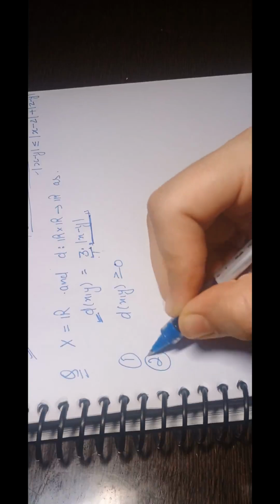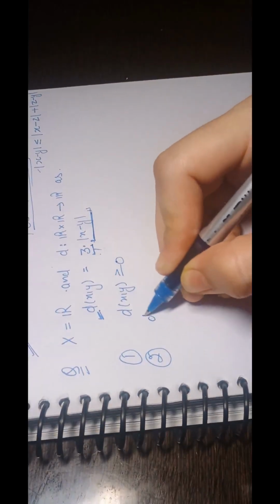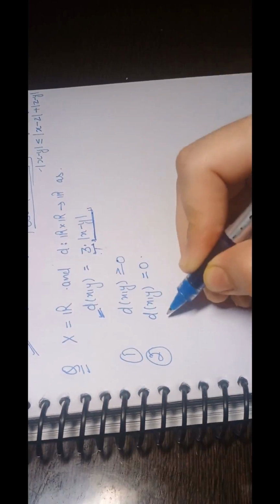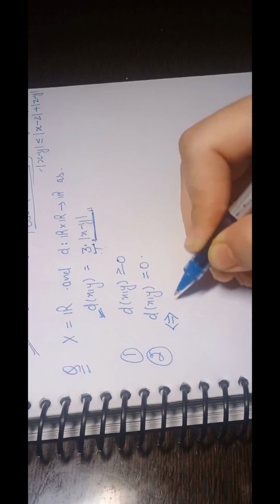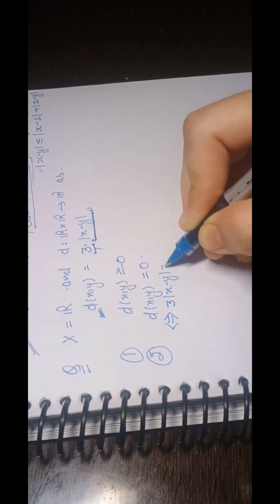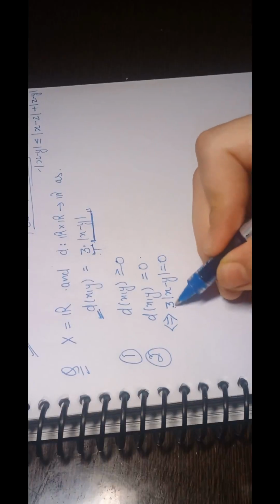Now, second thing is identification. If we take d of xy to be 0, this can only happen by definition if 3 times mod of x minus y is 0. What does this mean?